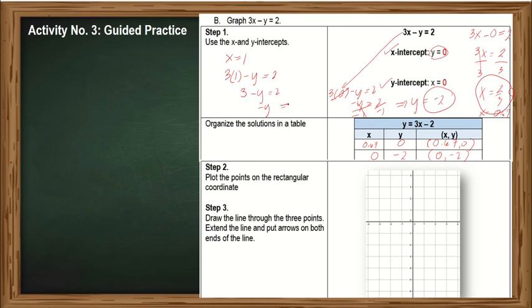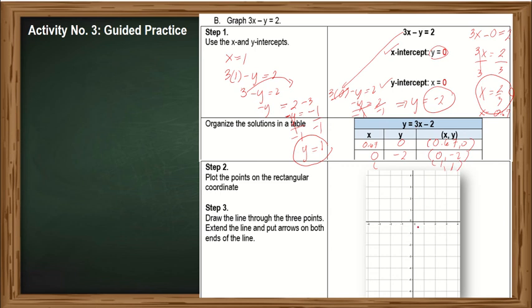You have negative y is equal to 2, transpose positive 3, it becomes negative 3. So you have negative y is equal to 2 minus 3, which is negative 1. Then divide both sides by negative 1 because we need to make y positive. So we have now y is equal to negative 1 divided by negative 1, which is positive 1. So the third point has coordinates 1 and 1.